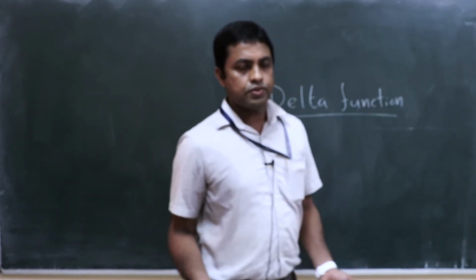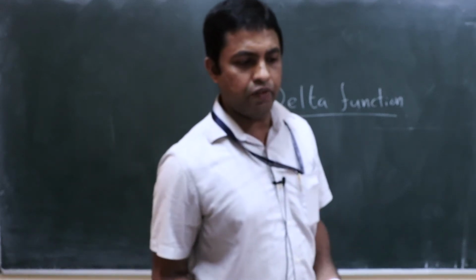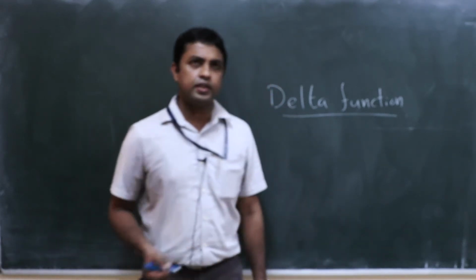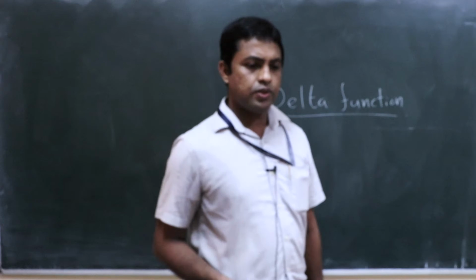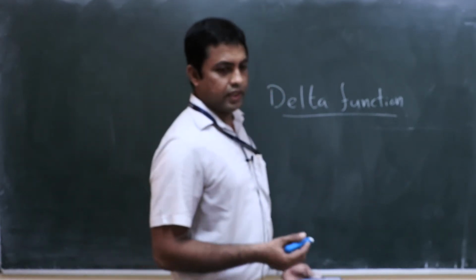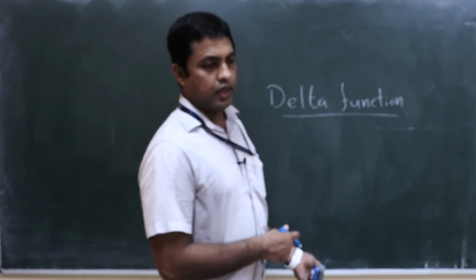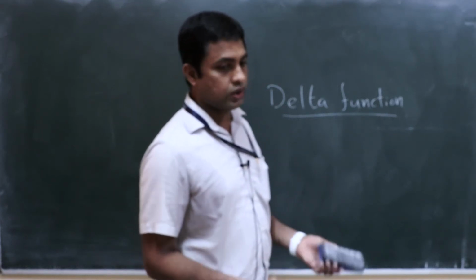Maybe in avionics, have you had any class on avionics? This communication class, they may be calling something else also. So let us now say that theta of x is a Heaviside function, and epsilon is a sign function or signum function.